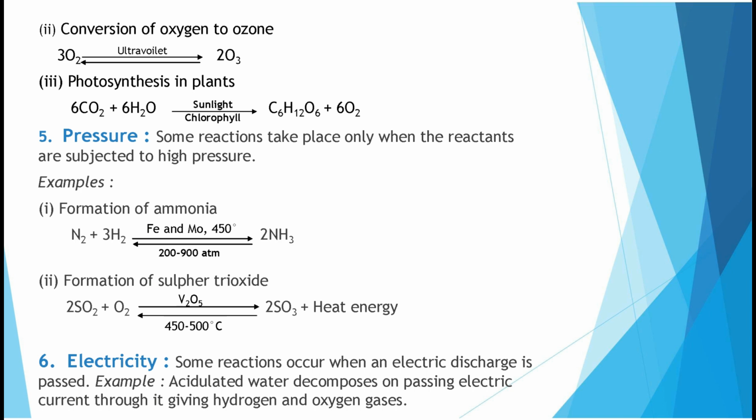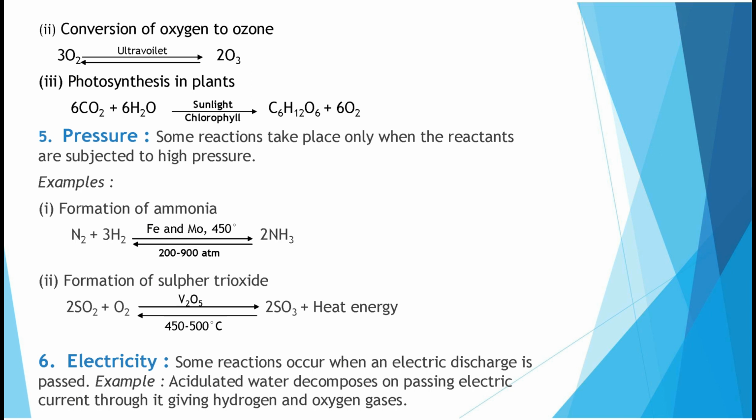You can see the reaction N2 plus 3H2, then 200 to 900 atmospheric pressure is needed, and the presence of iron and molybdenum at 450 degree centigrade. So the required condition is 200 to 900 atmospheric pressure, and iron and molybdenum are catalysts, and 450 degree centigrade temperature. Then ammonia will form.